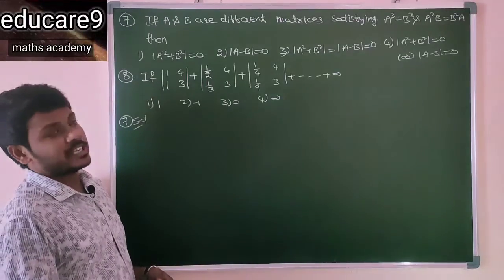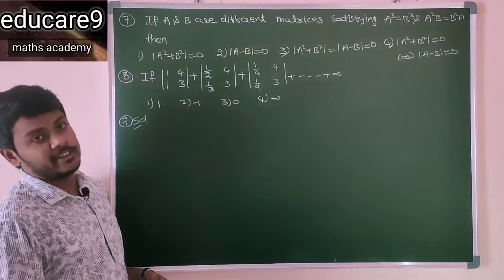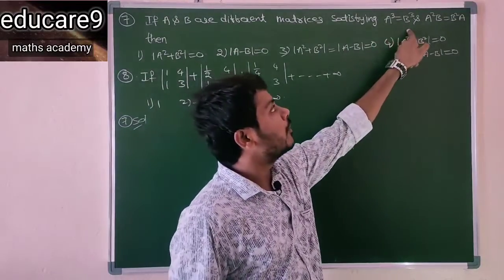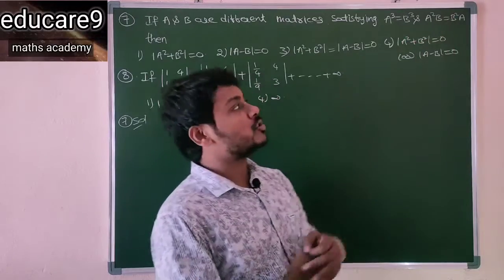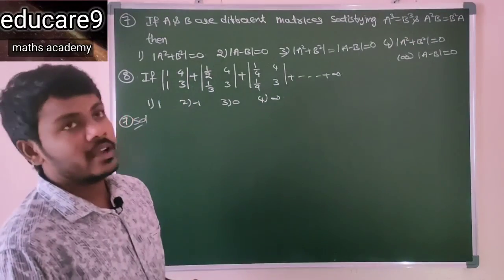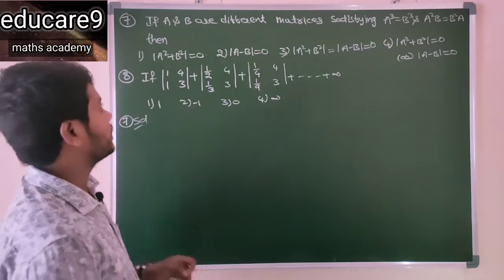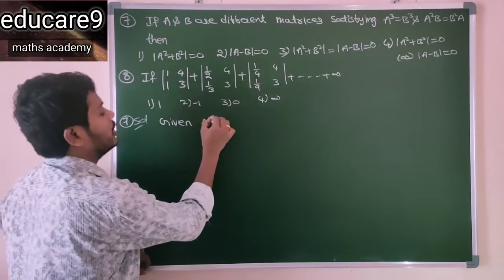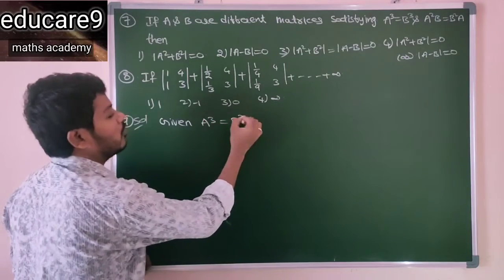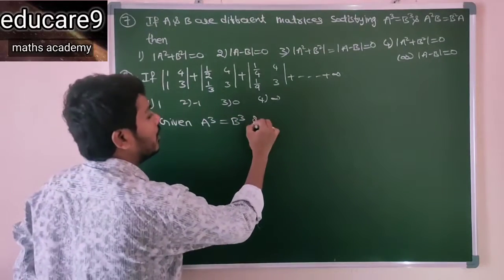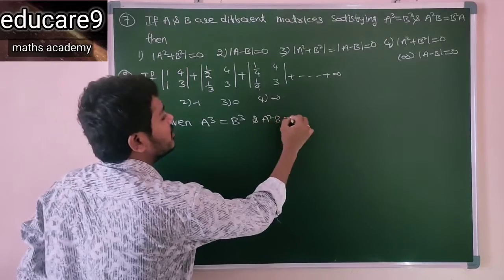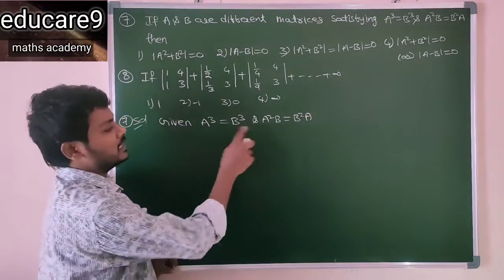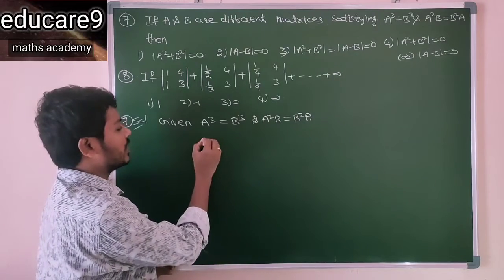The seventh solution. Here A and B are different matrices satisfying A cube equal to B cube and A square B equals B square A. Then which condition is satisfied? Given A cube equals B cube and A square B equals B square A. Now subtracting these two equations, what do we get?